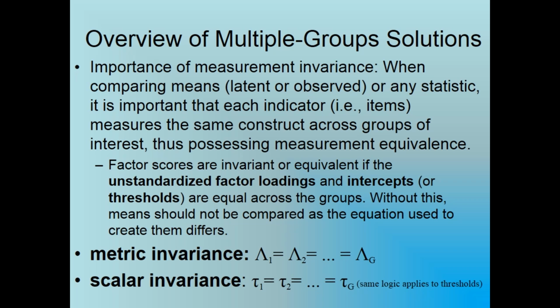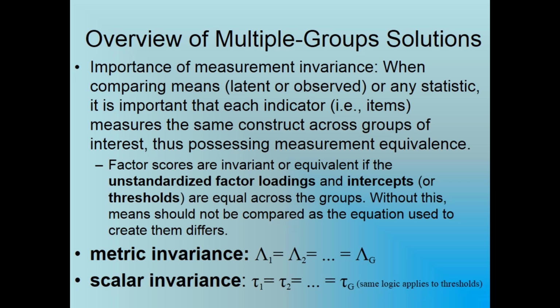Measurement invariance assumes that your factor loadings and intercepts, or thresholds if you are categorical, are really equal across your groups. So the first important term to remember is what's called metric invariance. And that's testing whether all your factor loadings are equal across all of your groups.